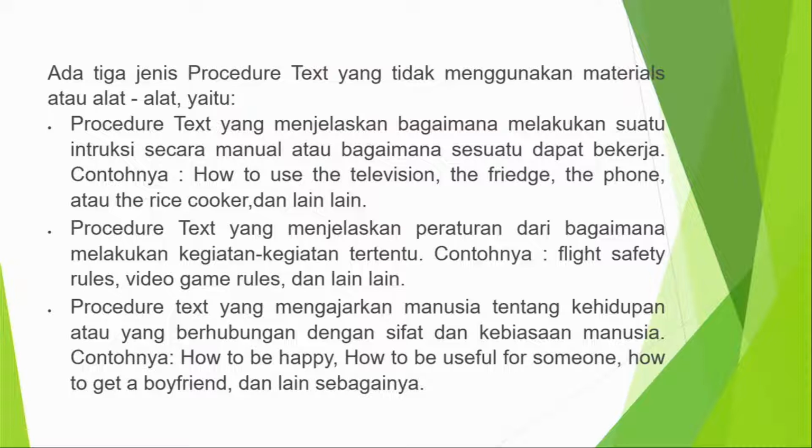The first one is procedure text that explains how to do an instruction manually, like when you buy a new television and you have to make the television function to get some channels. In the packet of a new television that you bought, we usually find the instruction that you have to follow to make your TV set usable.